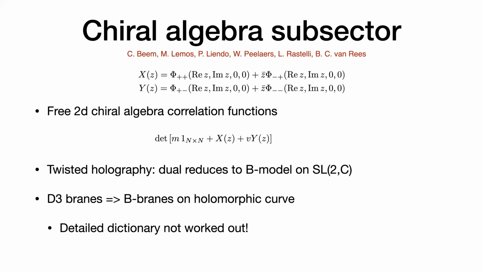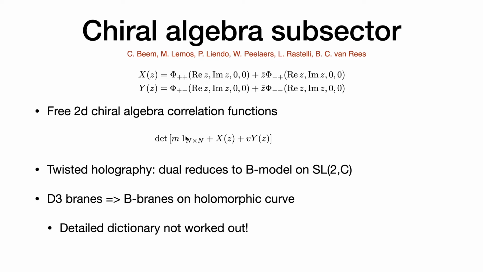So in this particular example, it turns out that the determinant operators built out of these linear combinations are actually in the cohomology, so they can be used directly in the chiral algebra. They are part of the chiral algebra subsector.